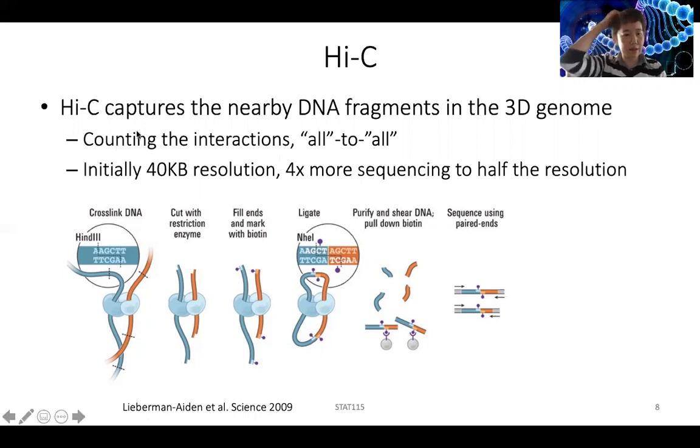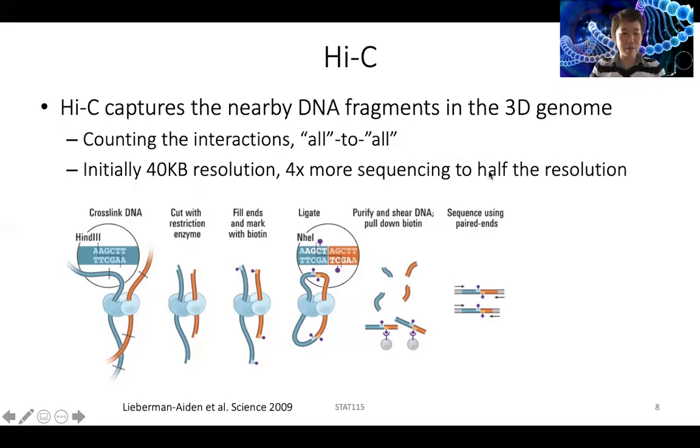The very first, earlier HiC resolution wasn't so good. They could only map reads that are interacting with, like whether this 40 kb region is interacting with another 40 kb region. So the resolution is not so good. In order to really have the resolution to, for example, 20 kb, we have to sequence 4 times.